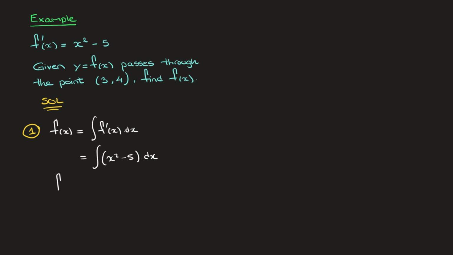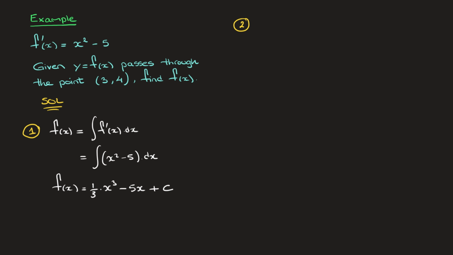And so with that in mind, I can go ahead and state that f of x is equal to 1/3 of x cubed minus 5x plus some constant of integration c. And this result marks the end of the first step. We've now found an antiderivative for f dash of x. So we move on to step 2.